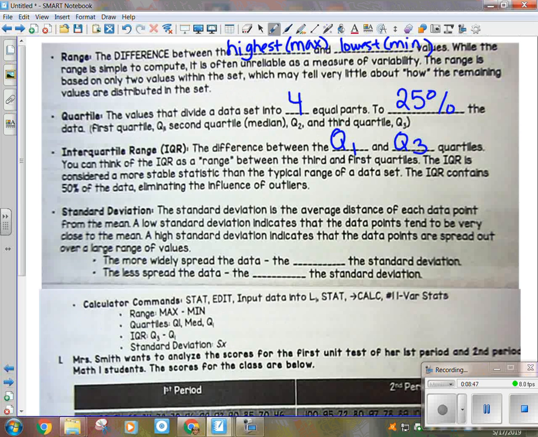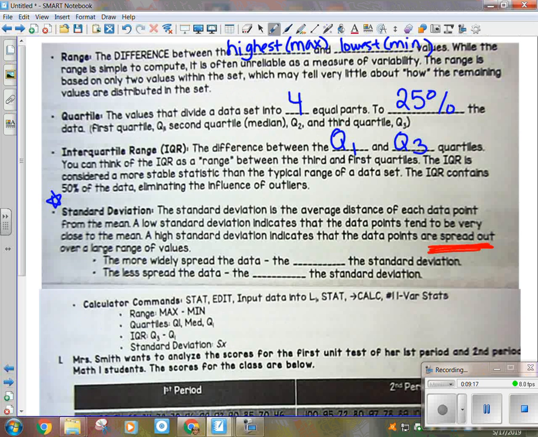Standard deviation, now right here is where we have not talked about it before. If you highlight any word that we talk about, it says the standard deviation is the average distance that each data point is from the mean. A low standard deviation indicates the data points tend to be very close, and a high standard deviation indicates the data points are spread out. If you don't do anything else, take your pencil or a highlighter, and I want you to underline the word spread.